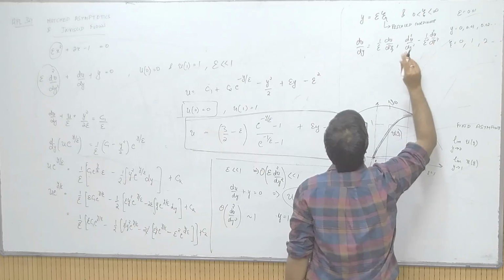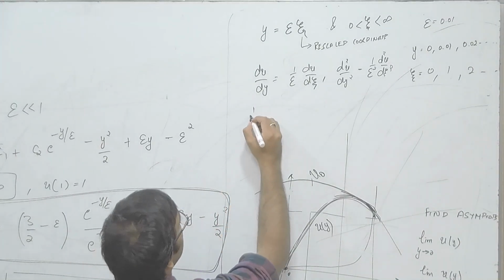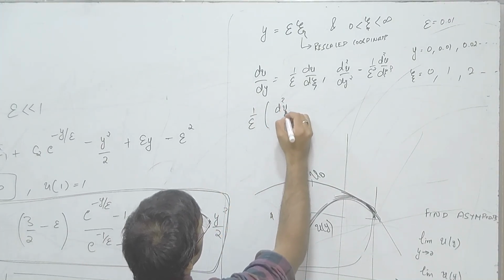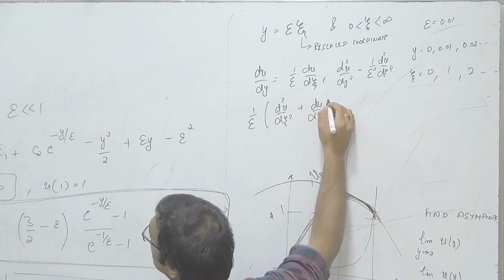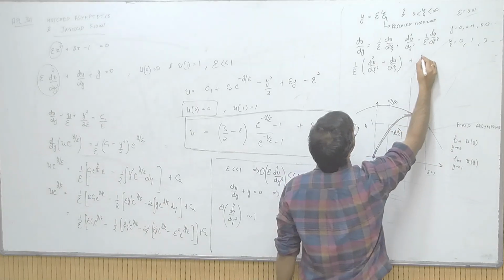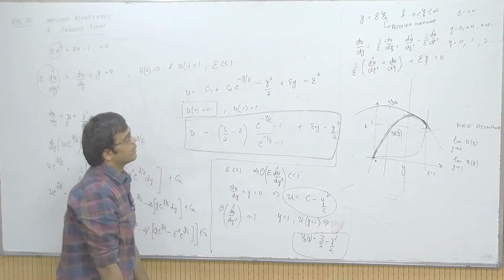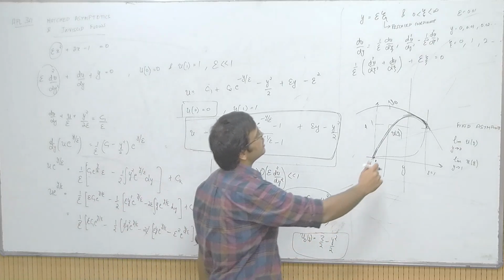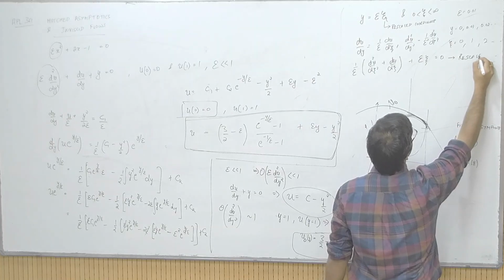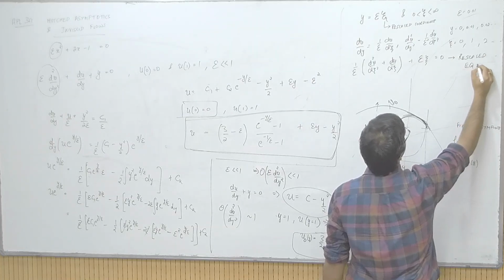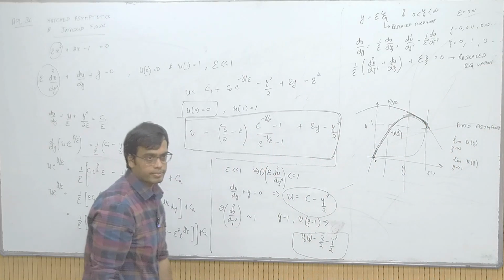And now when you substitute that in this equation, you will get 1 by epsilon d2u by dc square plus du by dc plus an epsilon c equals 0. This is your rescaled equation.